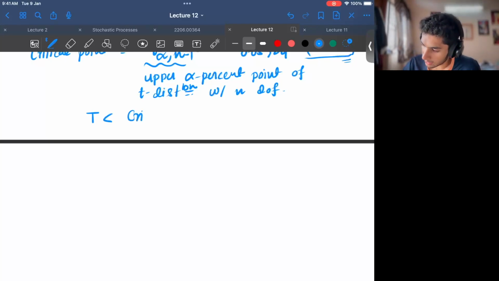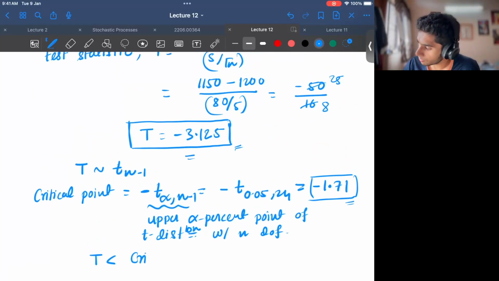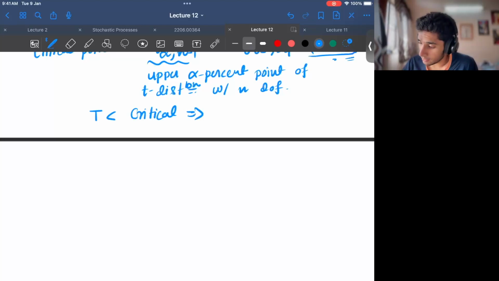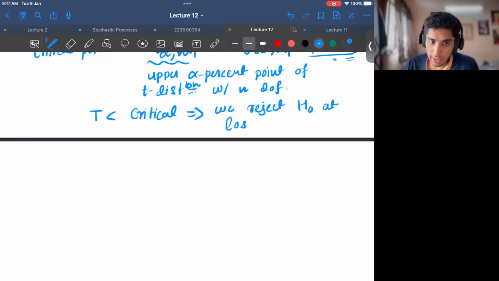Minus 3.125 is less than minus 1.71. This implies that we reject H naught at level of significance 0.05.